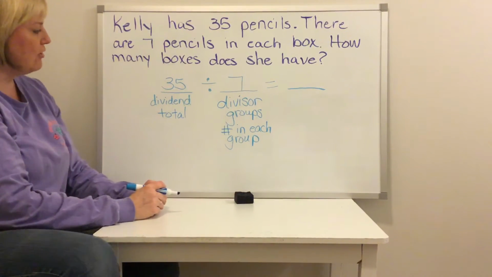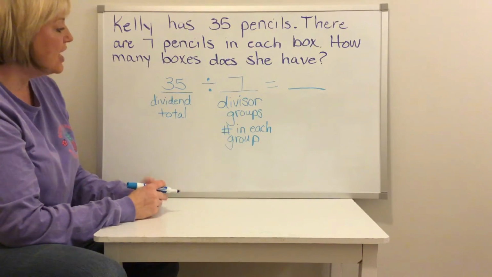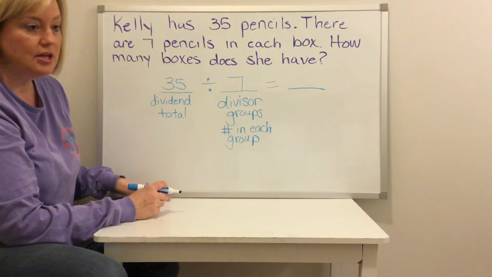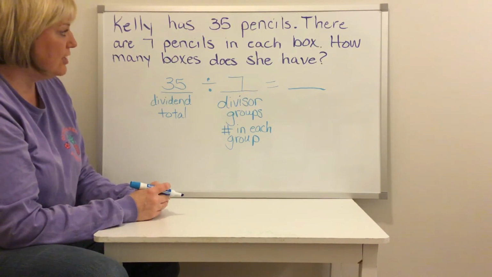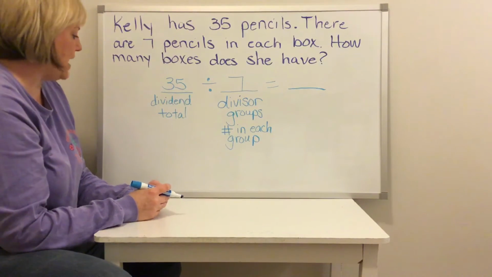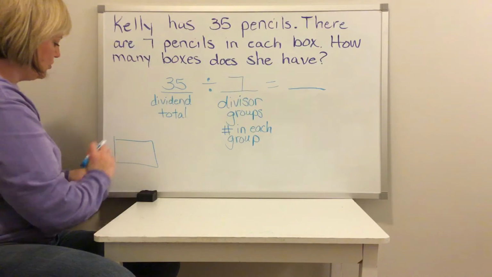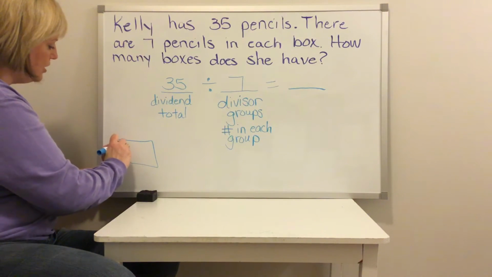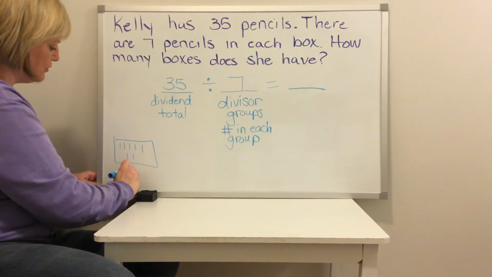So the way I'm going to solve that is, down here, I'm going to take my 35 pencils and I'm going to put 7 in a box until I've used all 35. And then I'm going to see how many boxes I needed to use. So start out with one box and put 1, 2, 3, 4, 5, 6, 7 pencils.